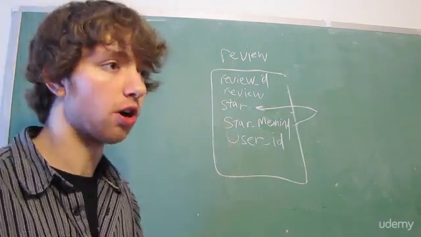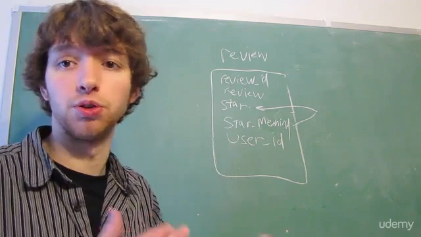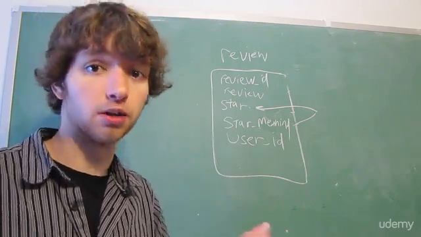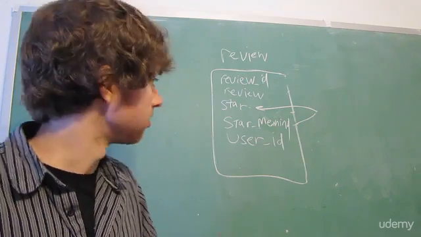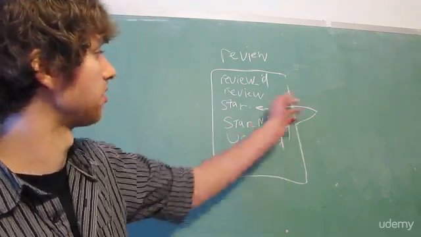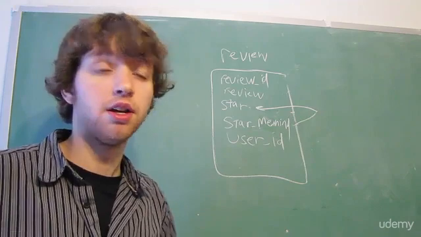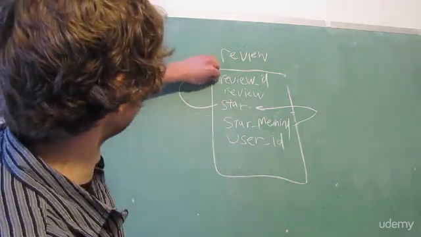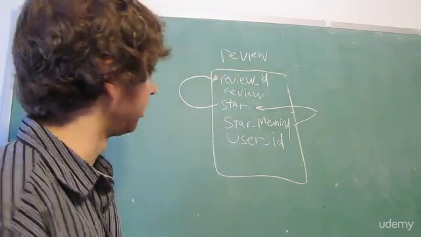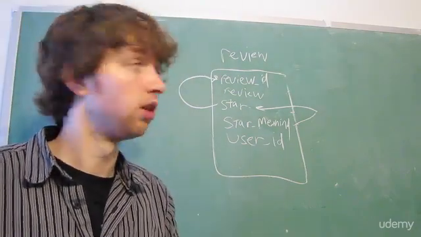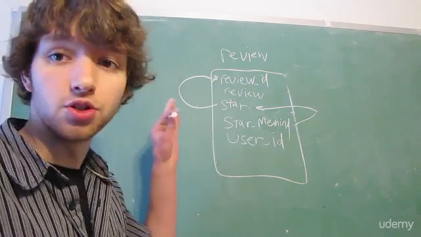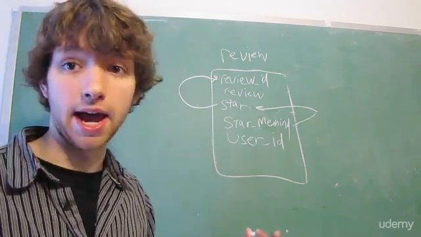Well, if we take the star and change it from a 4 to a 3, it might go from really super okay to really average. So the star meaning is going to change. So that's a dependency. But then the star actually depends upon the actual review ID. Because if you change the actual review, the star is able to change. So this is known as a transitive dependency, and it is bad.